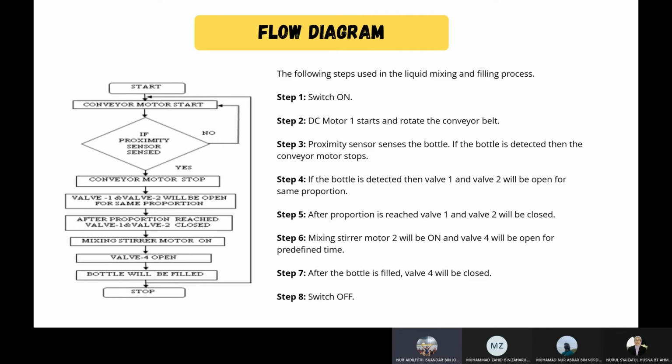Step 5, after the proportion is reached, valve 1 and valve 2 will be closed. Step 6, mixer stirring motor 2 will be on and valve 4 will open for a predefined time. Step 7, after the bottle is filled, valve 4 will close. Lastly, step 8 is switch off.